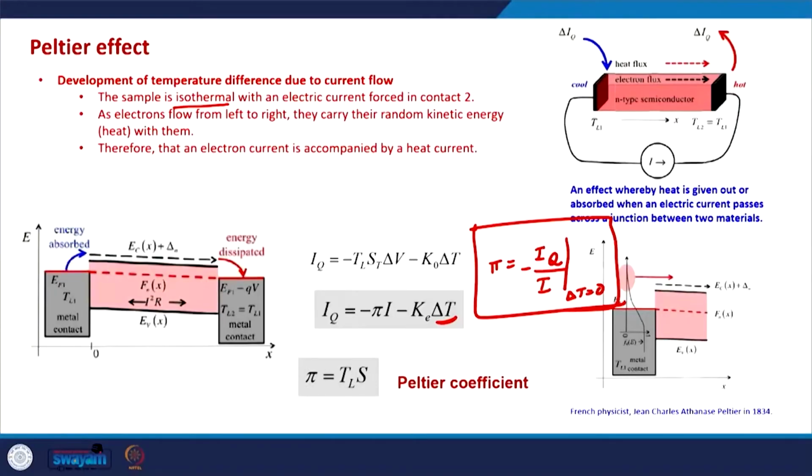So, these two are the central concepts of thermoelectric effects and thermoelectric devices, and most thermoelectric devices are based on these two effects. So, I hope if you come across any thermoelectric idea, you would be able to understand it from these basic concepts that we have discussed so far.